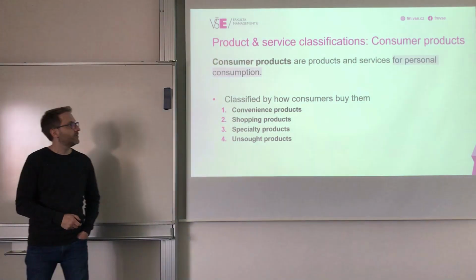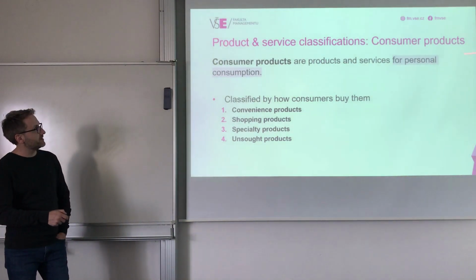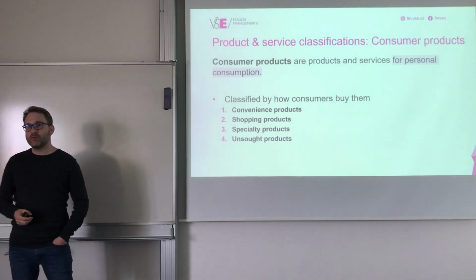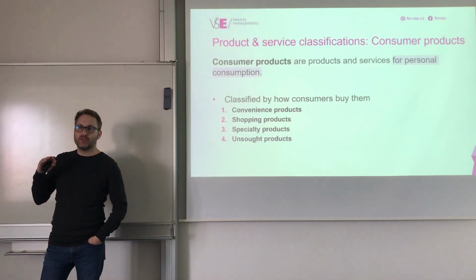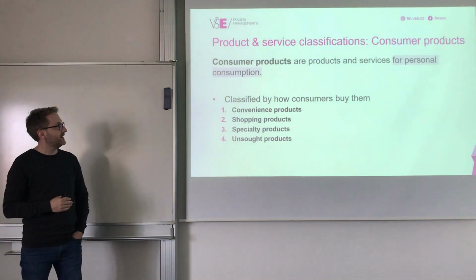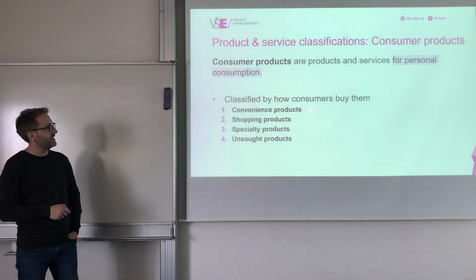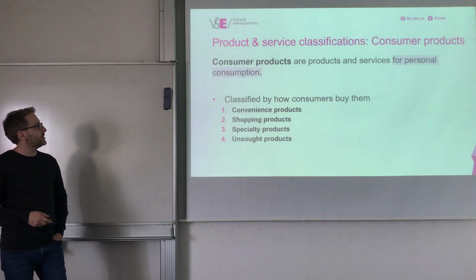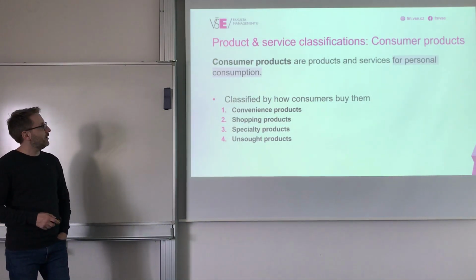So this is for personal consumption. Then we can divide the products into 4 categories: convenience products, shopping products, specialty products, and unsought products. I will show you what it means, so let's go one by one.